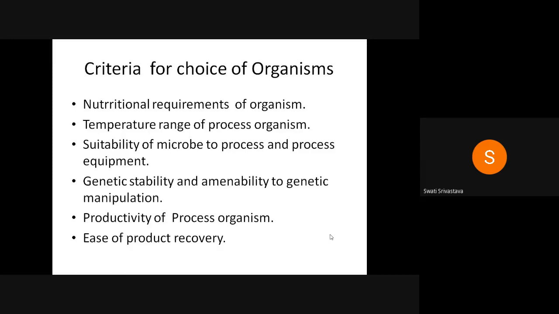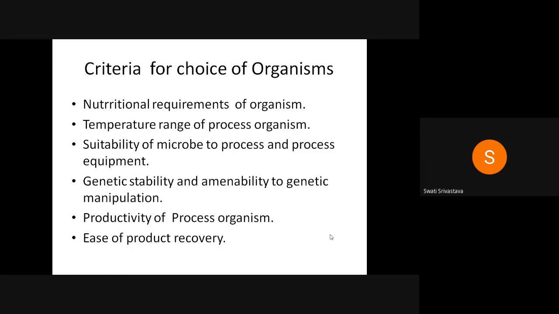Stability is a different thing; that is, it is not prone to environmental changes or the changes occurring within the process system. And amenability to genetic manipulation is that, when you are specifically trying to design that organism for a specific purpose, it is available for that modification.